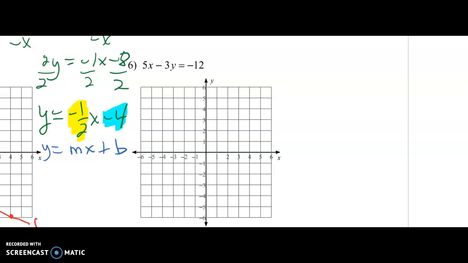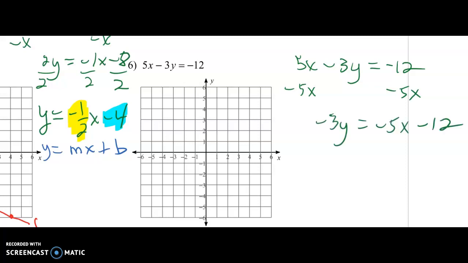Again, we are looking at an equation in standard form, so we want to change that into slope-intercept. We're going to subtract 5x from both sides first. And then to finally isolate the variable y, we're going to divide everything through by -3.